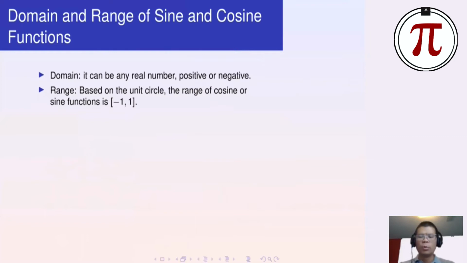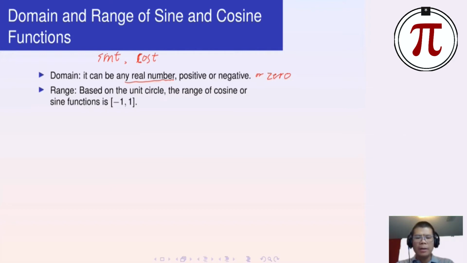So what is the domain of sine and cosine functions? For sine of t and cosine of t, the domain can be any real numbers: positive, negative, or 0.